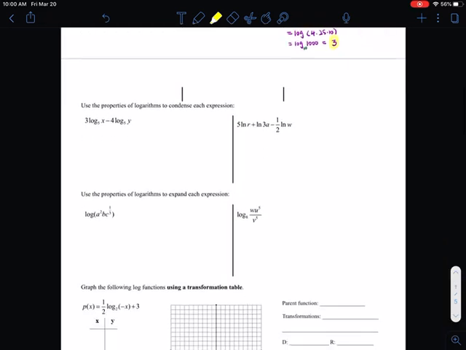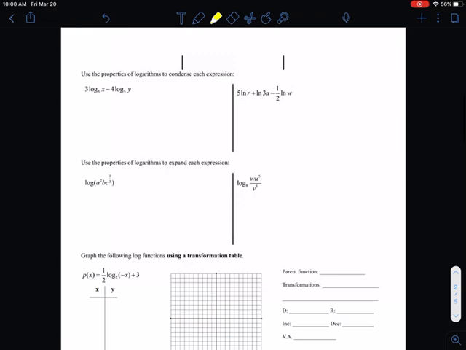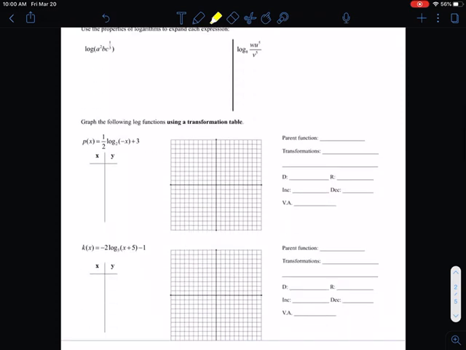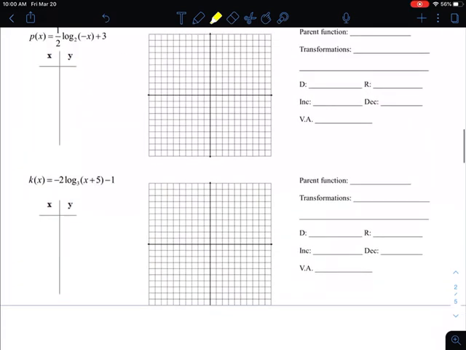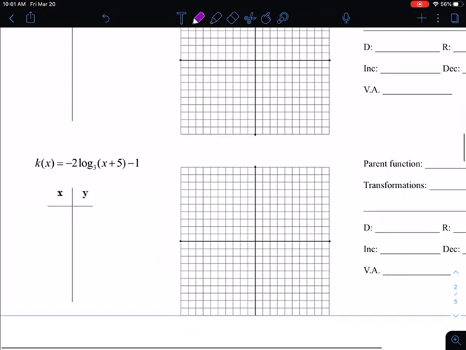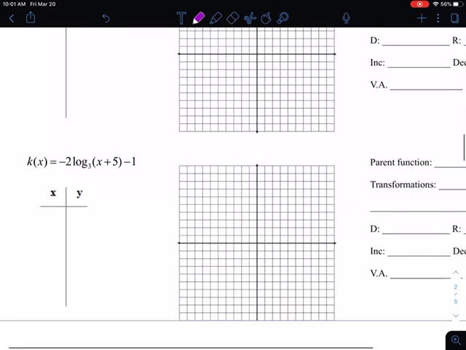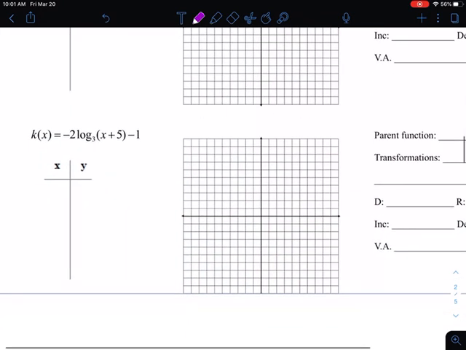Let's keep going. Let's try one of these graphs, and then I'll do the second one. Again, let's first remember our key points. We're going to use these as our y values, negative 1, 0, 1, and 2.